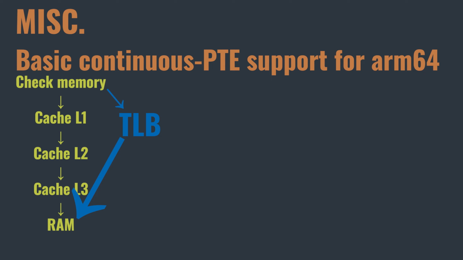So that translation look-aside buffer makes everything way faster. Now that already exists in 64-bit ARMs. What they changed is that 64-bit ARMs have this little instruction that says, hey, you don't have to load them by 4 kilobyte chunks.